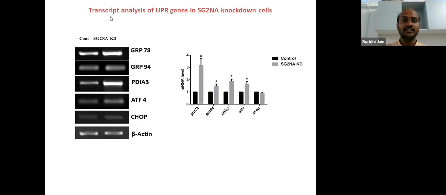For that, we also did the transcript analysis of ATF4 and CHOP by semi-quantitative PCR as well as real-time PCR, and we found that upon depletion of Ag2Na there is an increased expression of various UPR target genes.